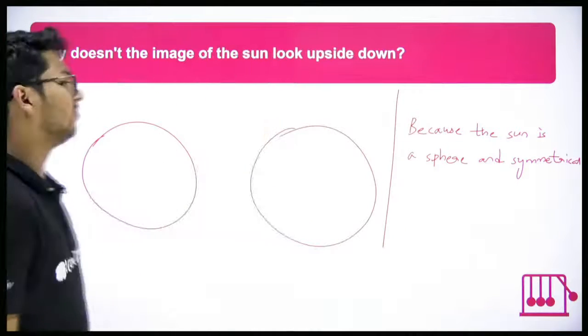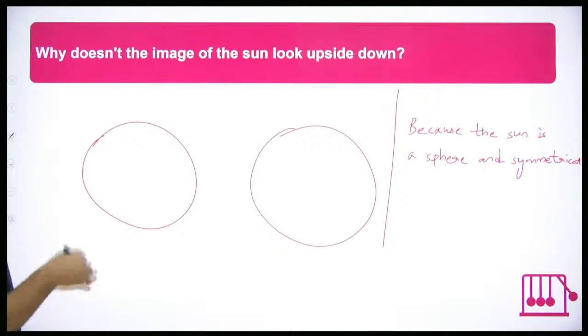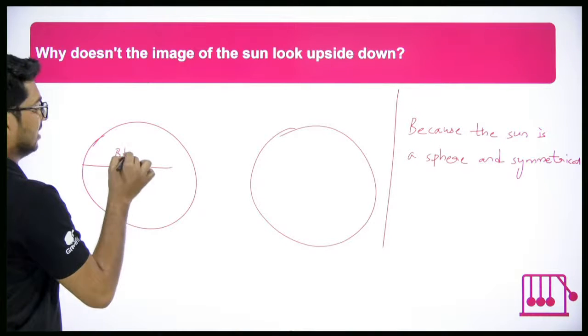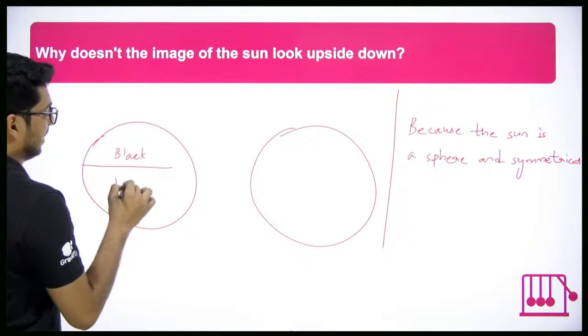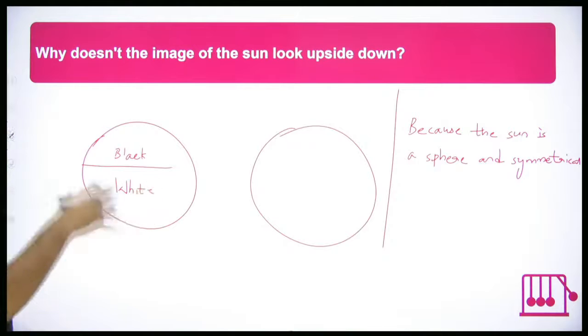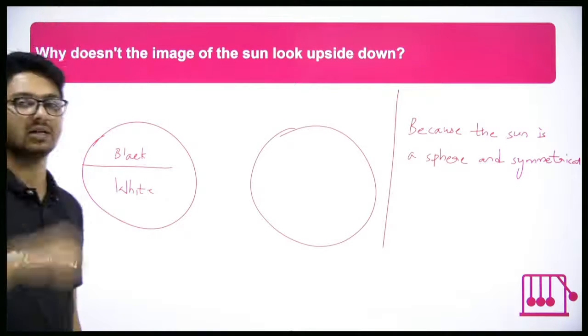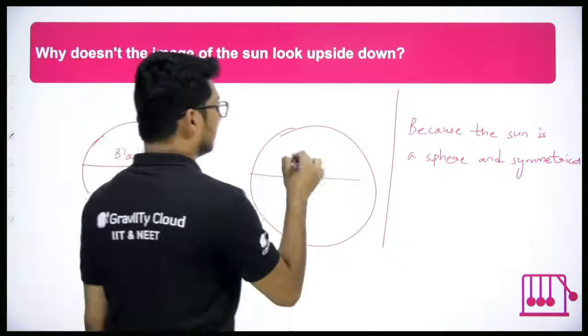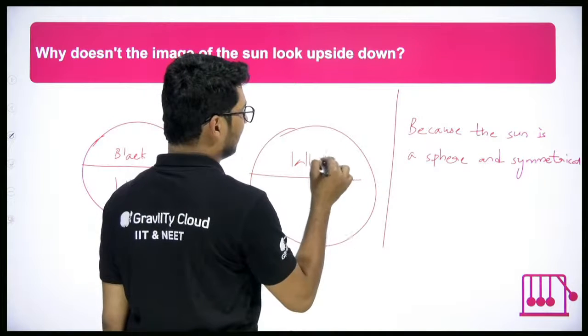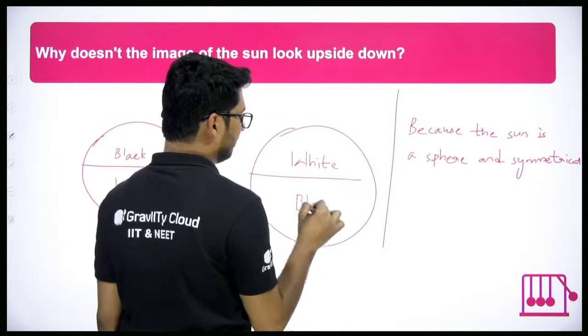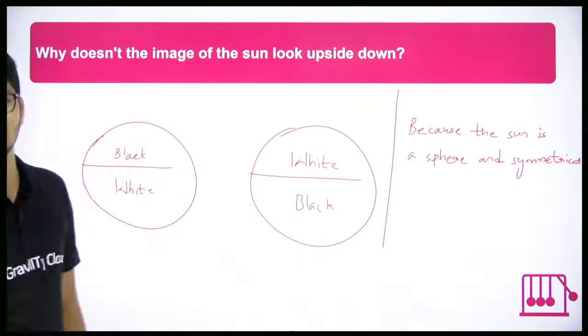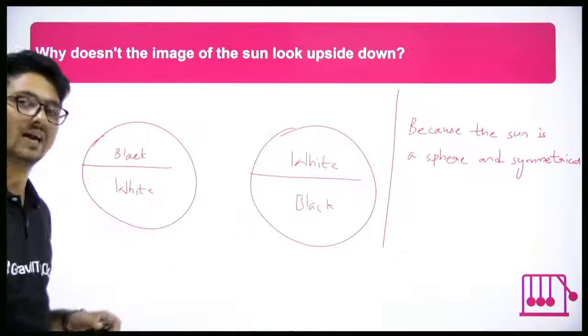And see, everything is of one color. If it had been, let's say, black and white, for example, just imagine the sun is like that, half part is black, half part is white. If it is inverted, what will happen? The upper part will be white and the lower part will be black. If it becomes inverted, it is reversed.